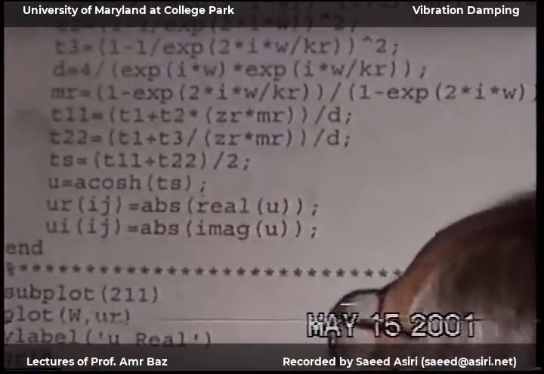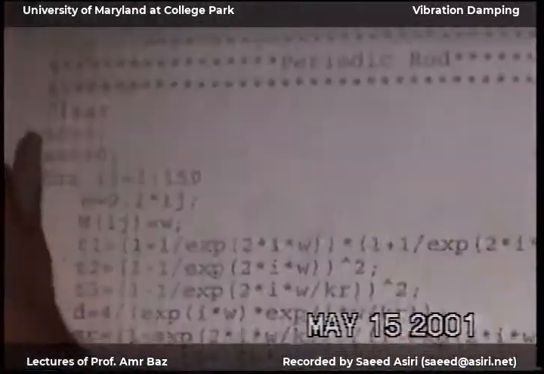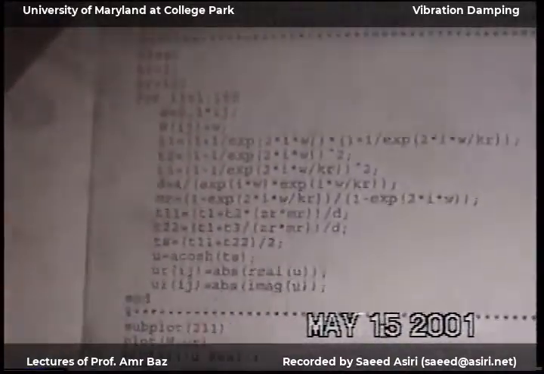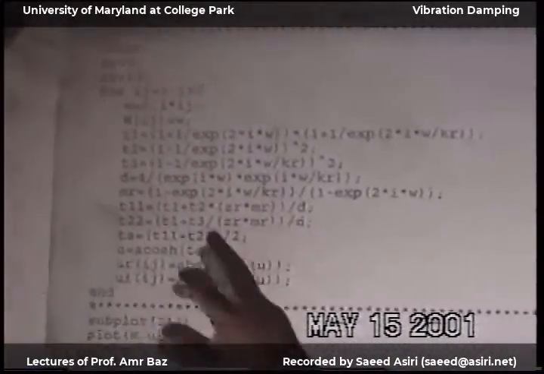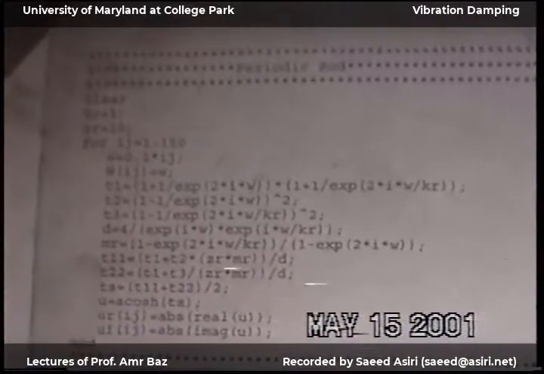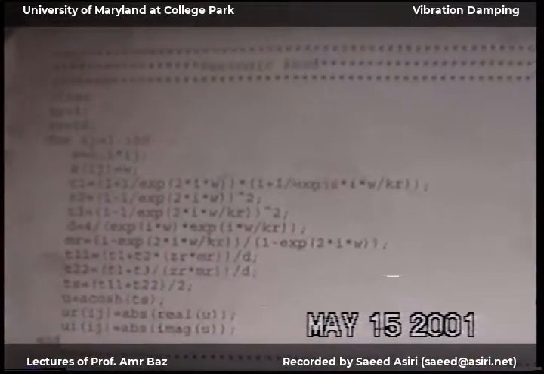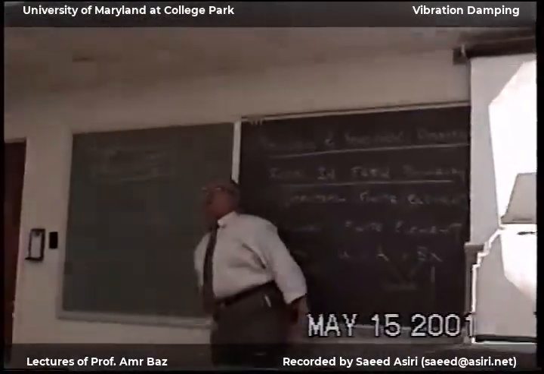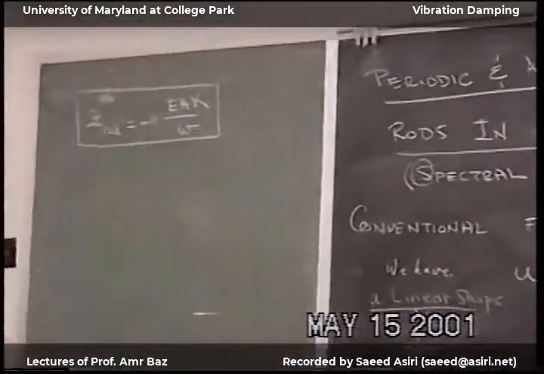The first number is the ratio of the wave number of the two sections. The second part is the impedance ratio, and you will see it related to this number. Okay.